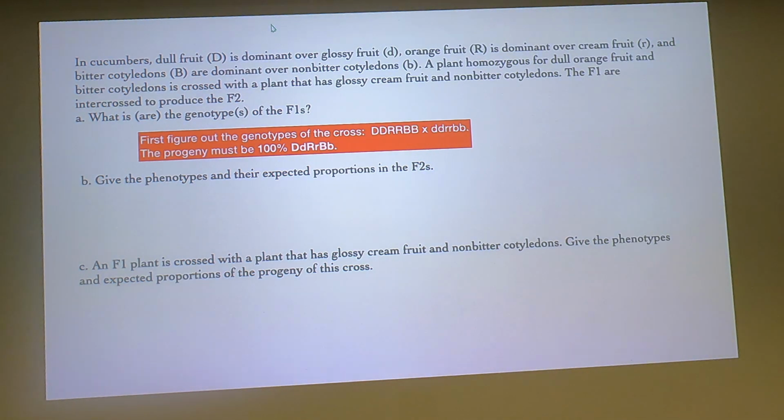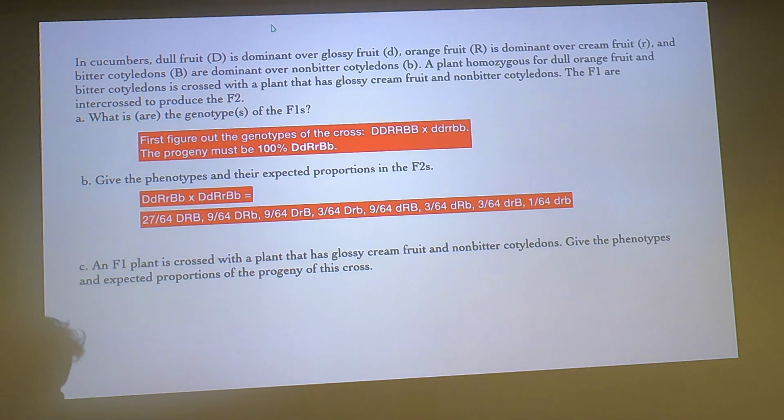Oh man, this is a joke, except then what you have to do is multiply all the combinations together. So the frequency of big D, big R, big B is going to be 3/4 times 3/4 times 3/4, which is 27/64. And then you have to go through all the others.